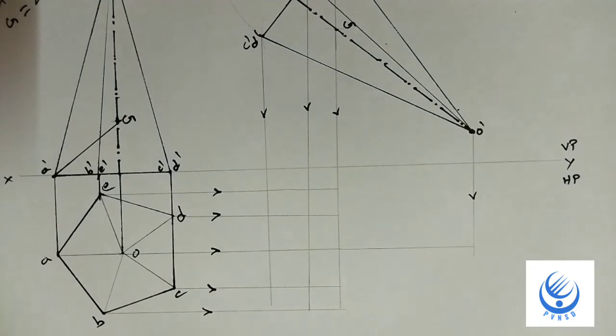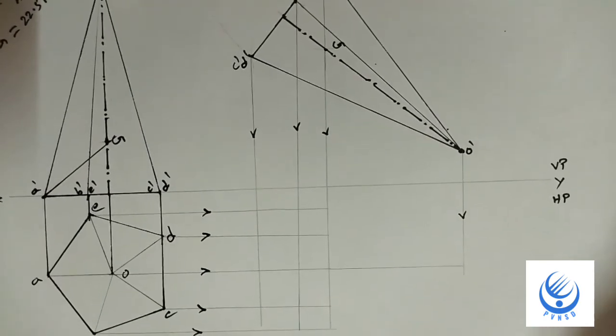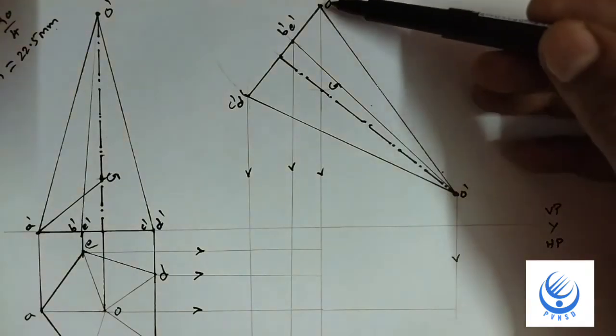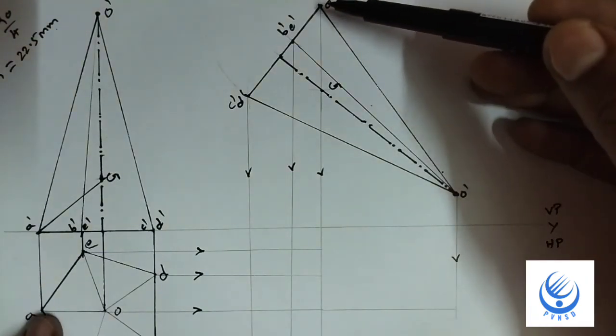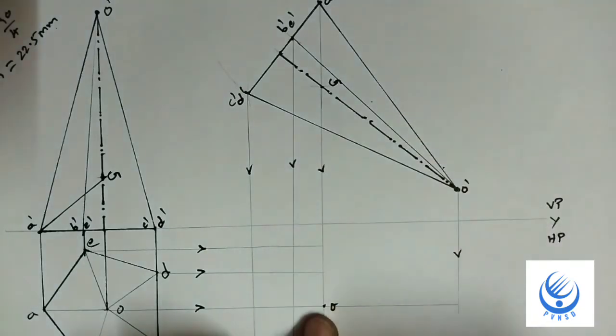Okay, the next to mark the letters. Carefully mark the letters. This is the point. First to mark the letter A. This point is A, where it is the intersection.